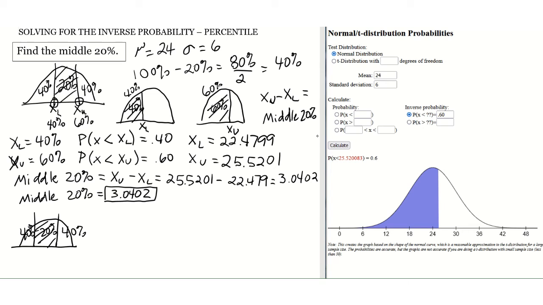So because we're solving for a lower and a middle value, and we've got an upper and lower percentage values, then what we can do is we can solve for the lower 40% and then solve for the upper 40%.